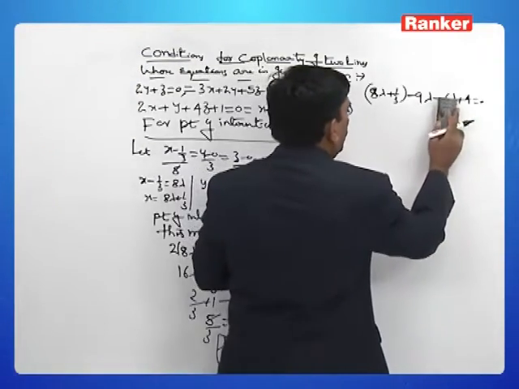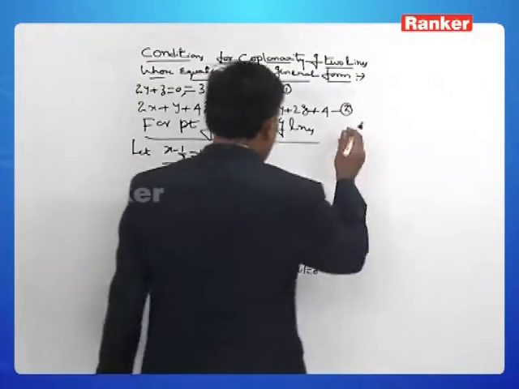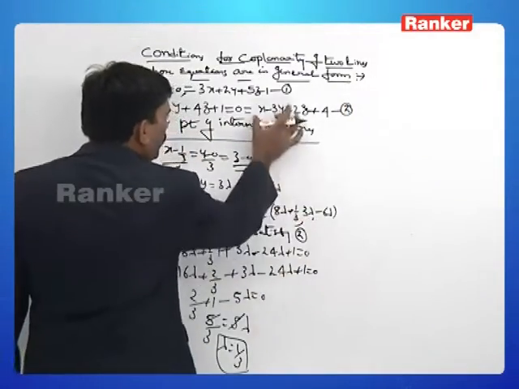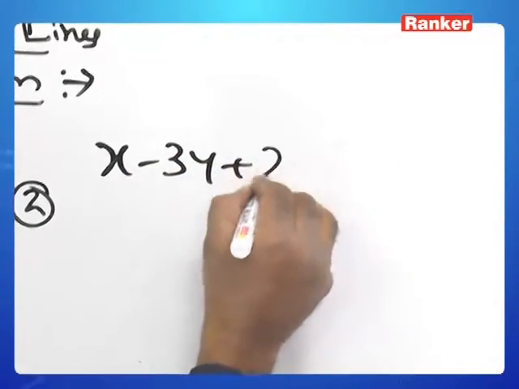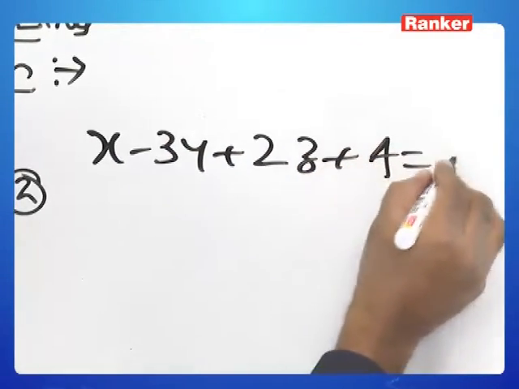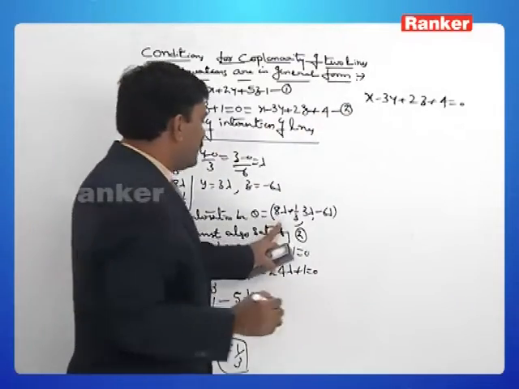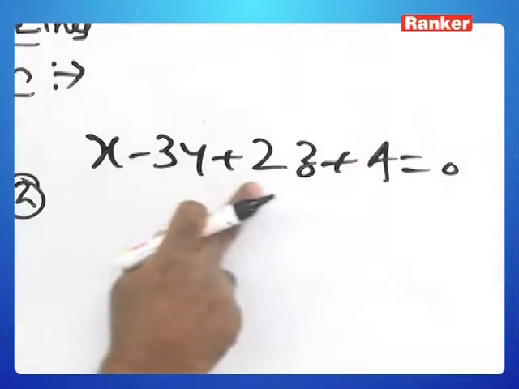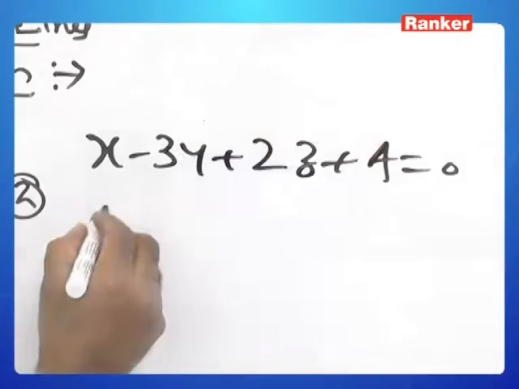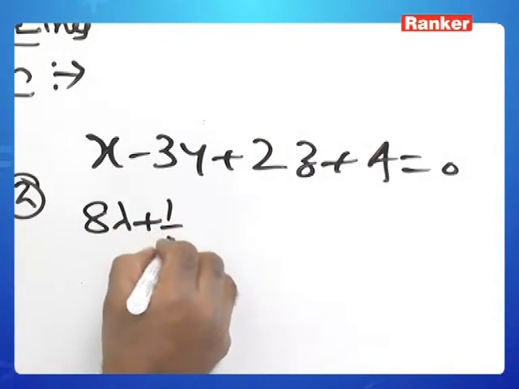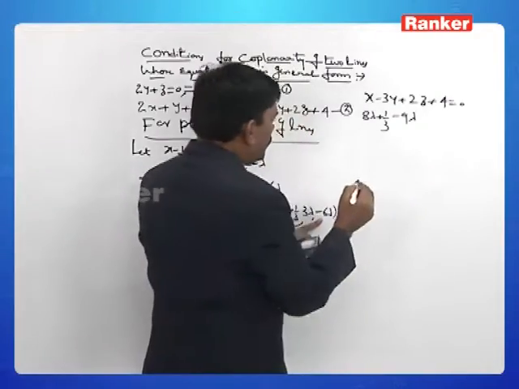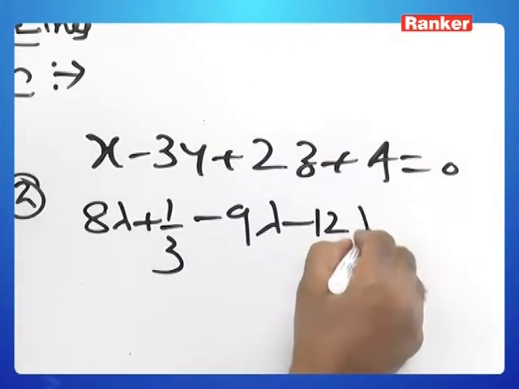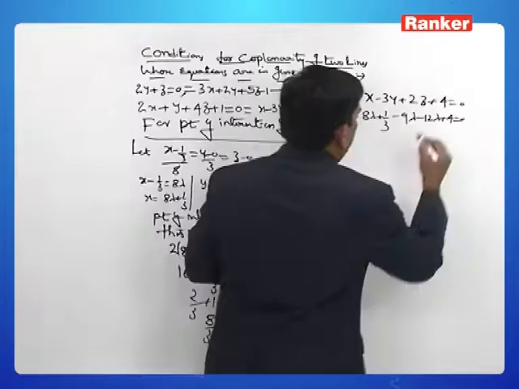I can write this as: substitute this point here in x minus 3y plus 2z plus 4 is equal to 0. This also must satisfy this plane. Now 8 lambda plus 1/3 minus 9 lambda, next minus 12 lambda plus 4 is equal to 0.